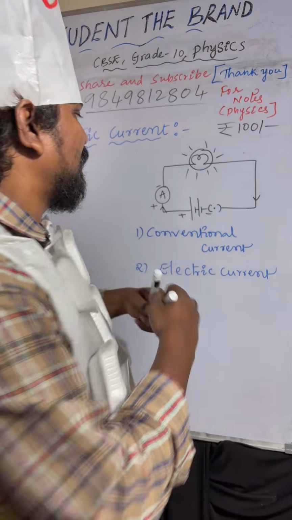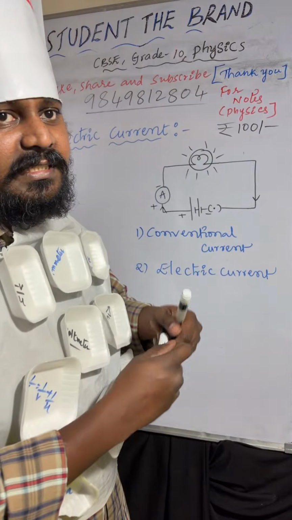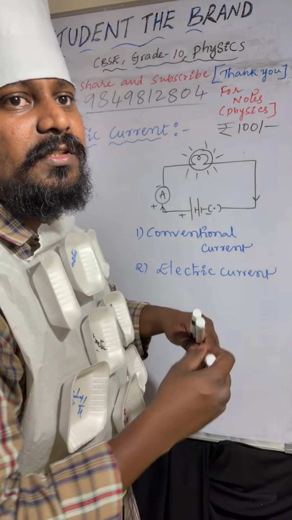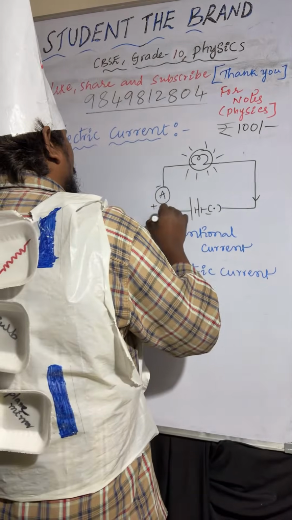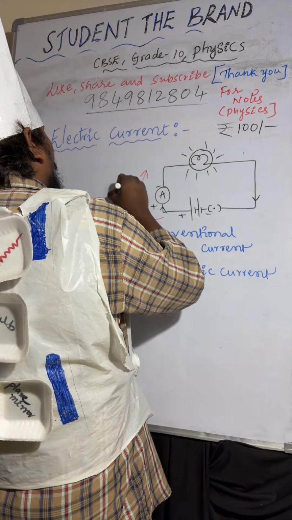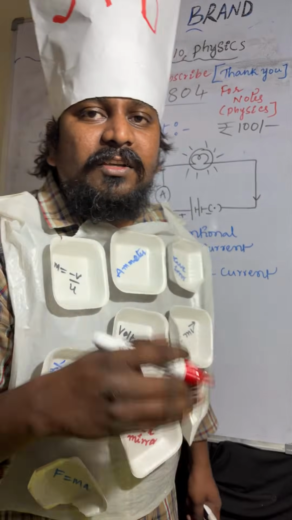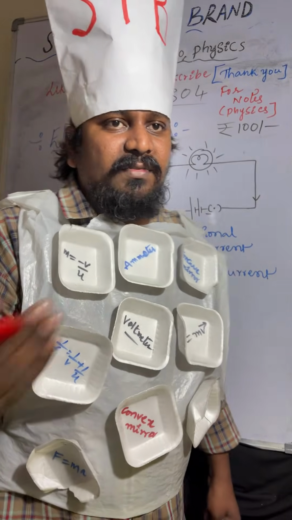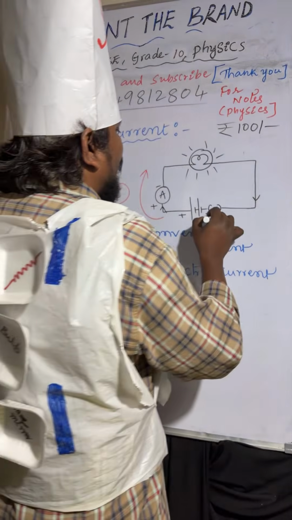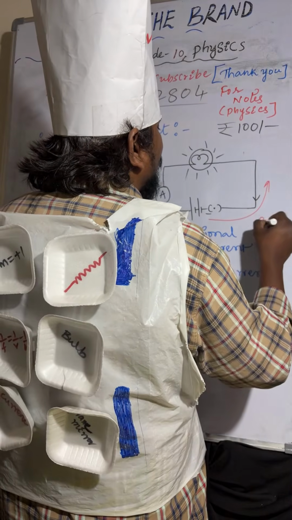Here you can observe, positive charges are moving from positive terminal to negative terminal. Like this I am considering positive charges, whereas electrons are moving from negative terminal to positive terminal.